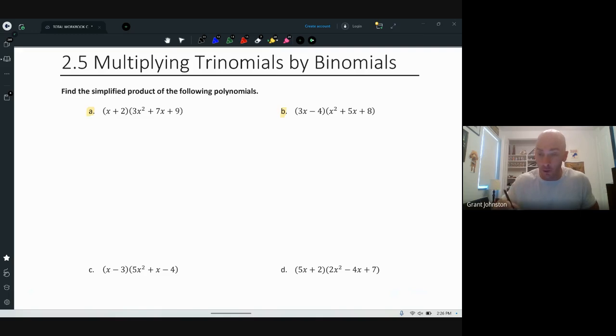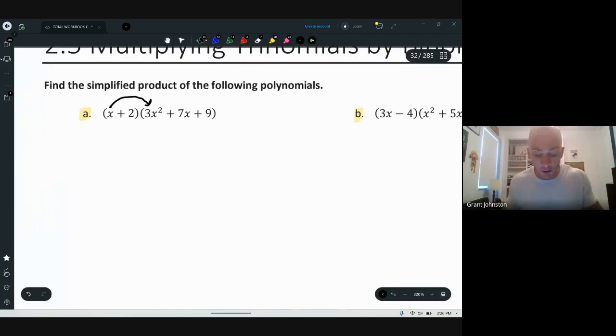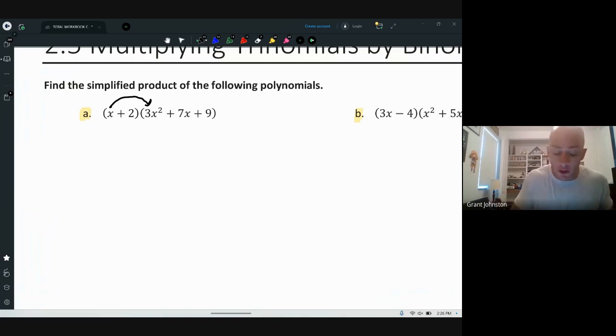We're taking x plus 2, and we're going to multiply it by 3x squared plus 7x plus 9. So we need to distribute the x. The x times the 3x squared, remember it's just a 1x, would be 3x to the third.